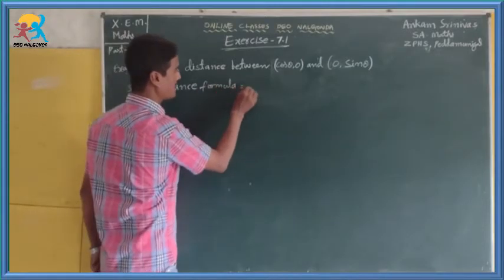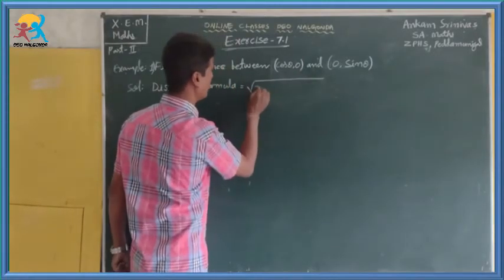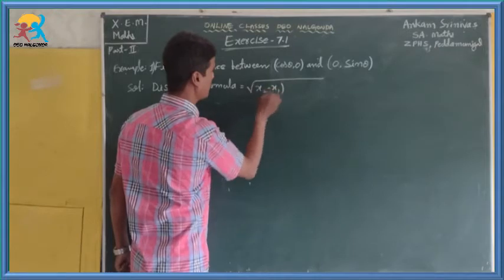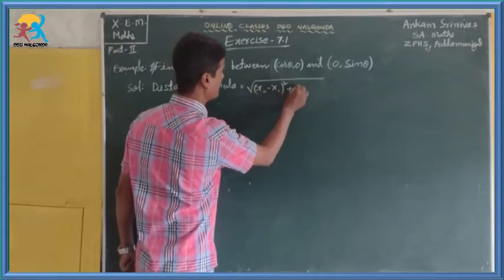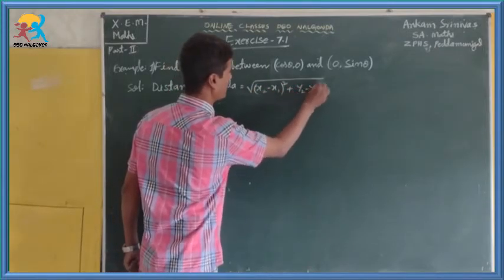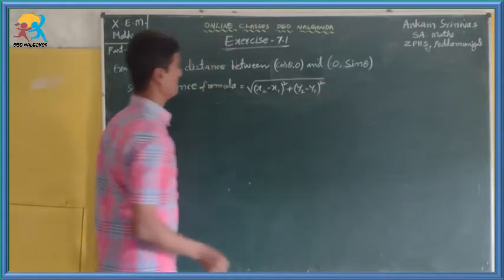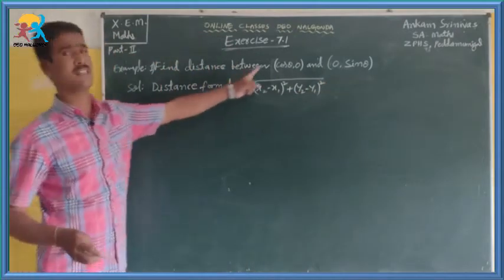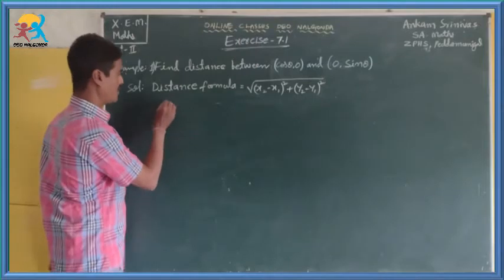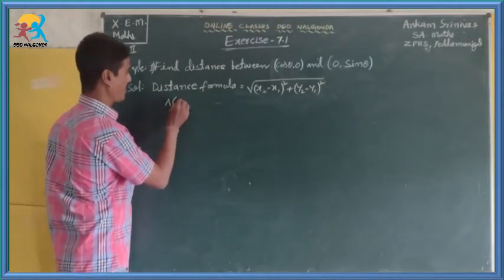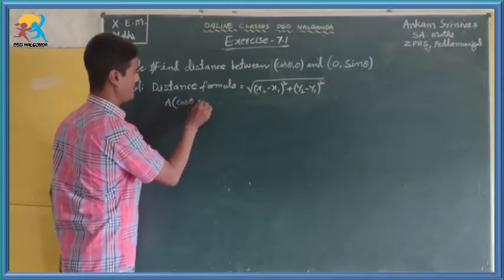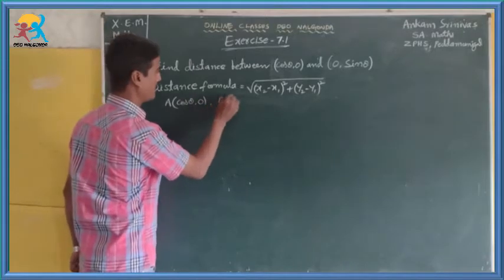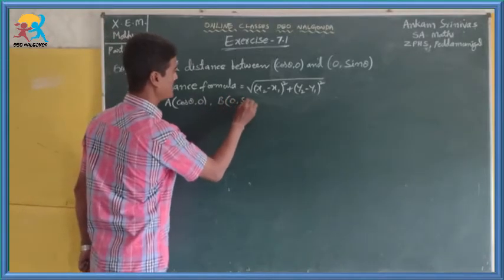What is the distance formula? Square root of (x2 minus x1) whole square plus (y2 minus y1) whole square. Now, what are the given points? Let the first point A be (cos theta, 0) and B be (0, sin theta).